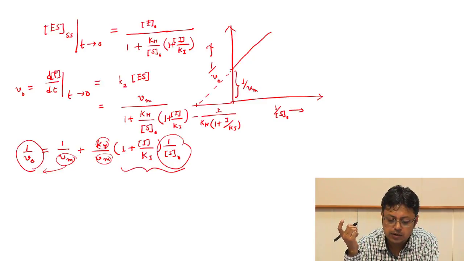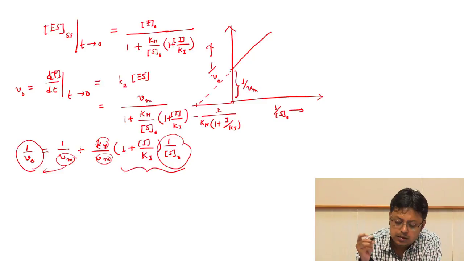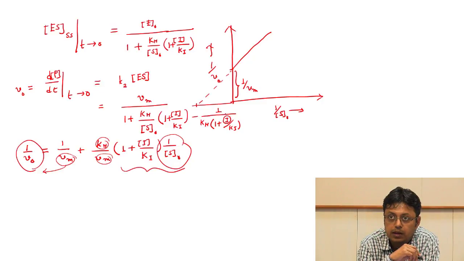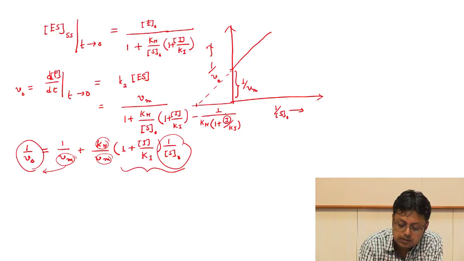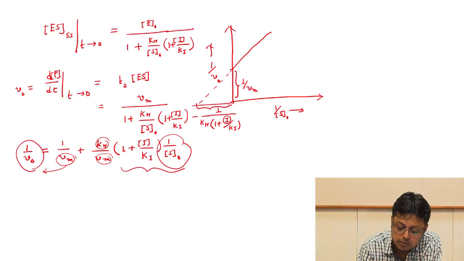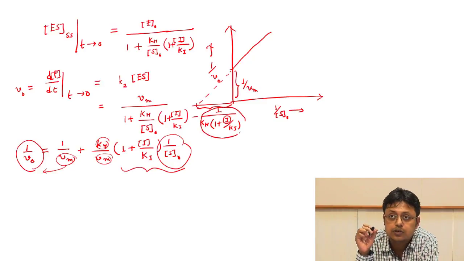Now you see a very interesting situation here. If I vary the inhibitor concentration, what will happen? If I go to a higher inhibitor concentration, this x-intercept will reduce in magnitude, because the inhibitor concentration appears in the denominator.